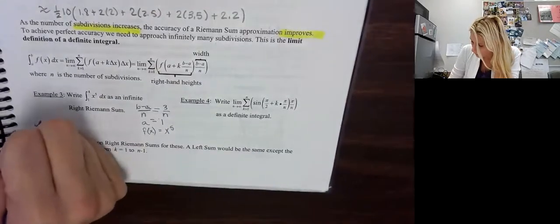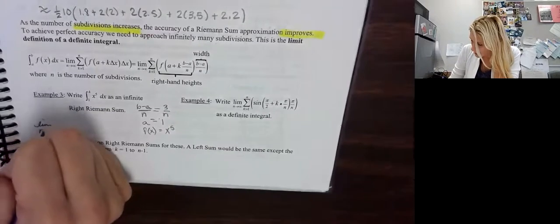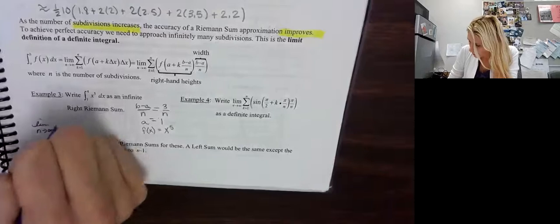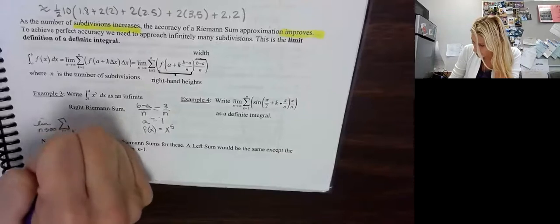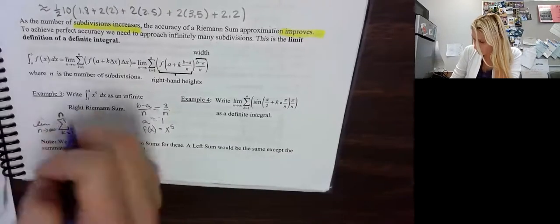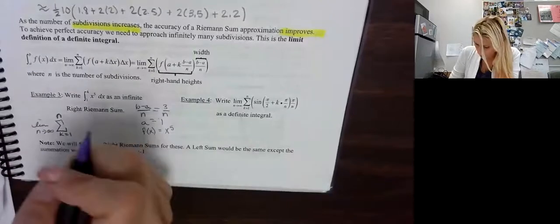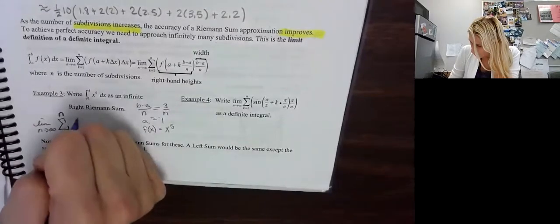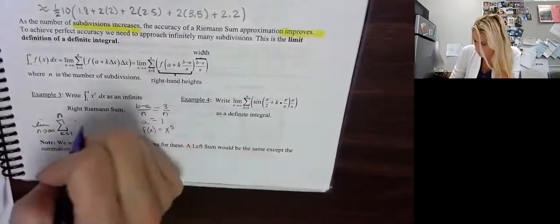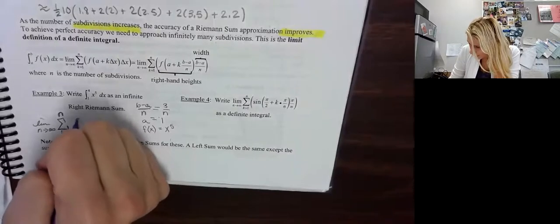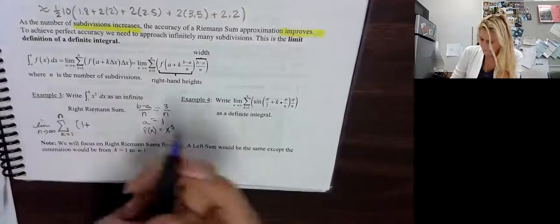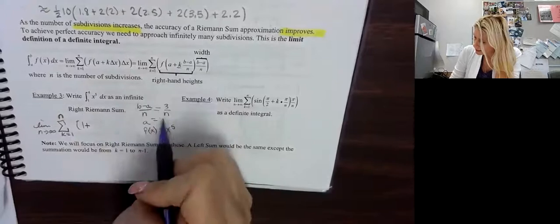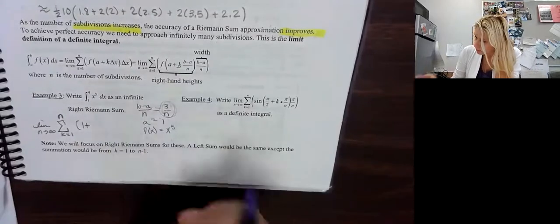So my summation, we have the limit as n approaches infinity of the summation, right? So we have k starting at 1, all the way going to n. Now we write in our function, okay? So f of x, but we don't need to say f of, because we know f of x is x to the 5th. So what we're going to say is a, which in this case our lower limit is 1, plus what we would do is k times our b minus a over n.